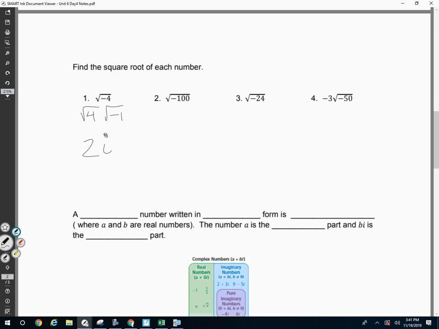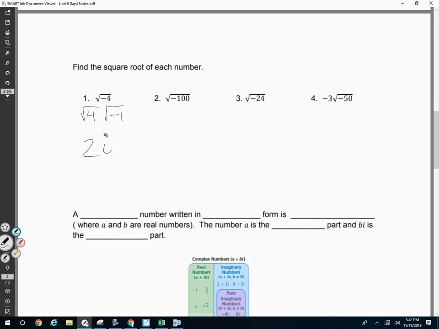Okay, you guys do number 2, please. The square root of negative 100. We can split it into the square root of 100 times the square root of negative 1. The square root of 100 is 10.